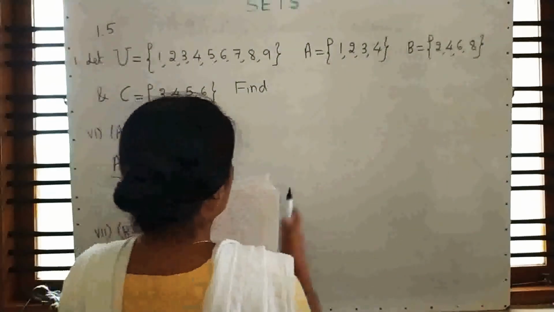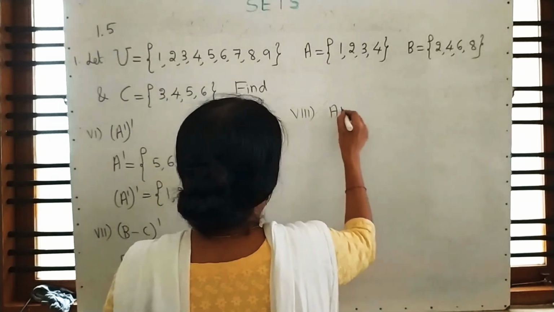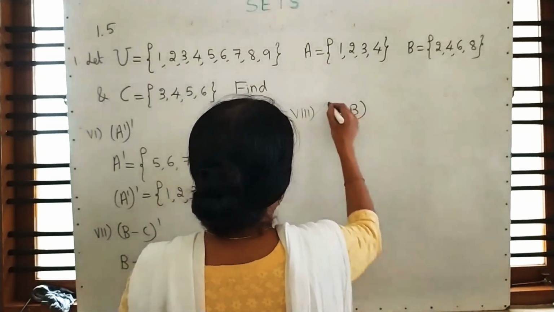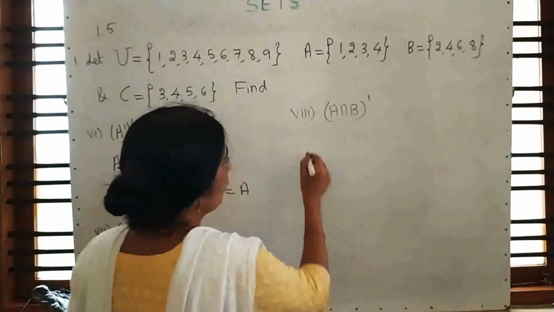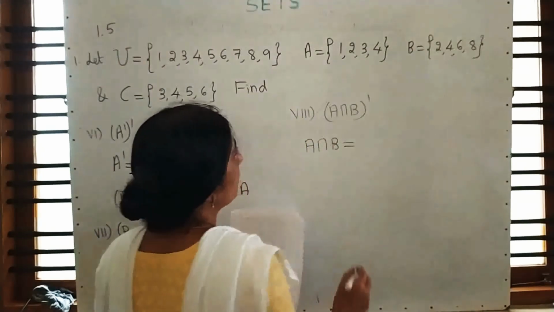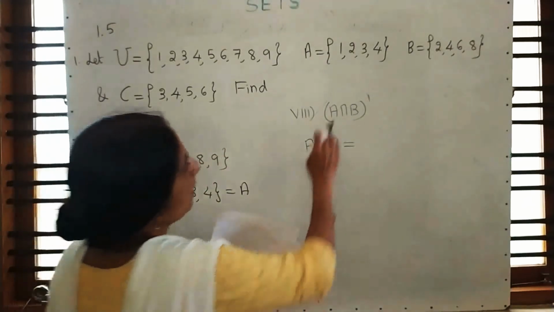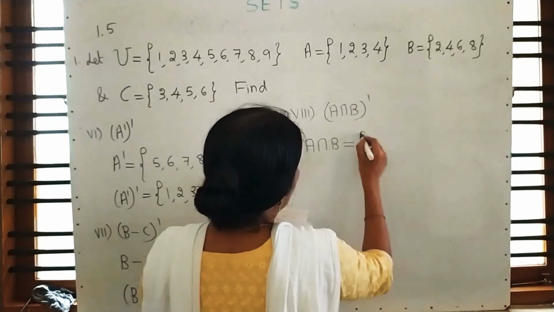Then moving to the next one, the eighth. (A intersection B) complement. First write down A intersection B. That means the common elements which are present in both A and B: 2 and 4.